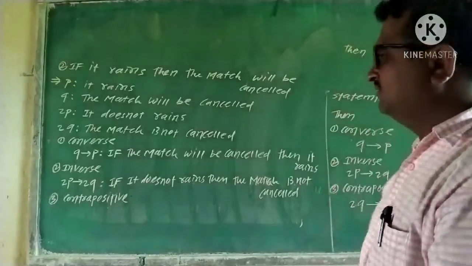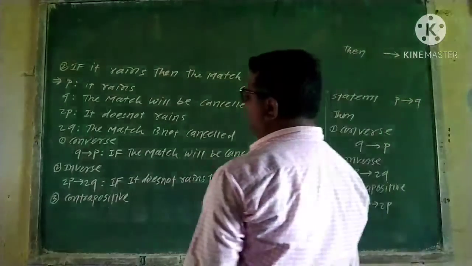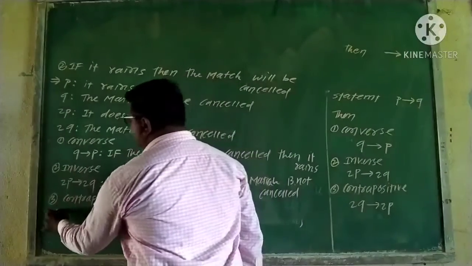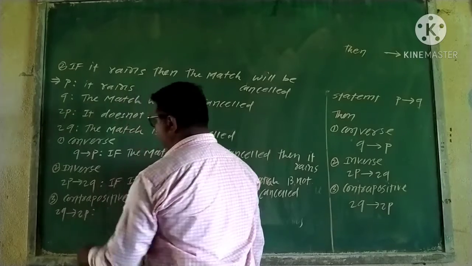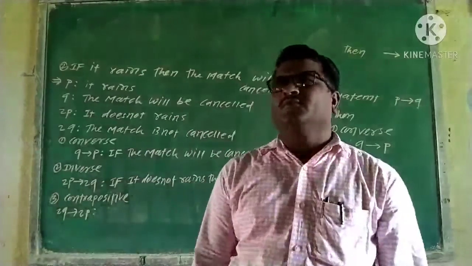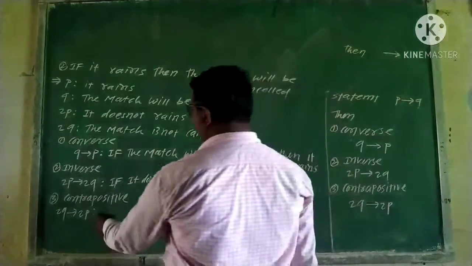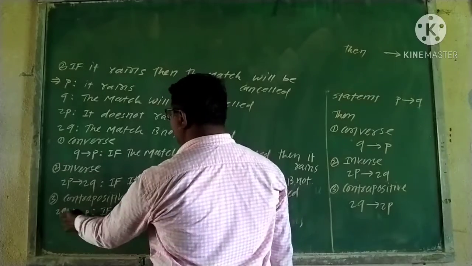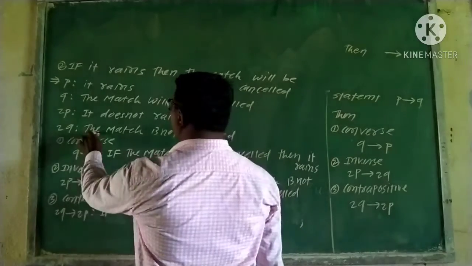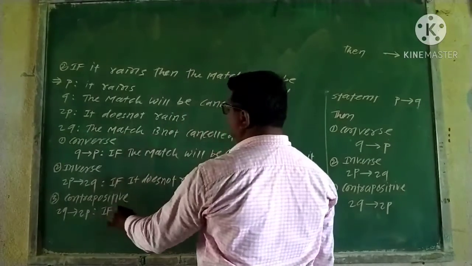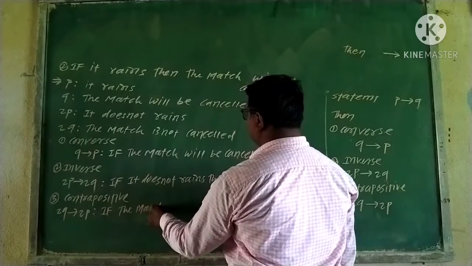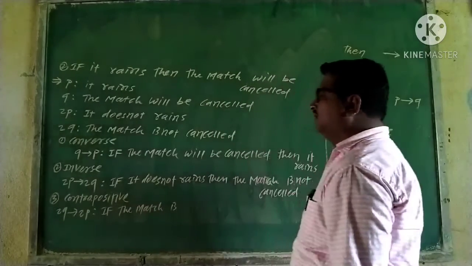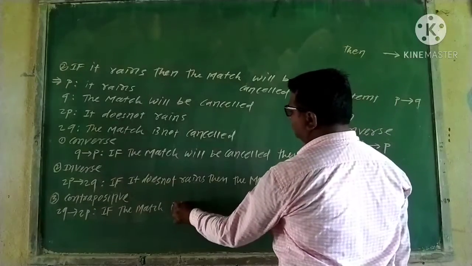The contrapositive is the converse of the inverse, means negation Q implies negation P. Here, the first statement is negation Q: the match is not cancelled.